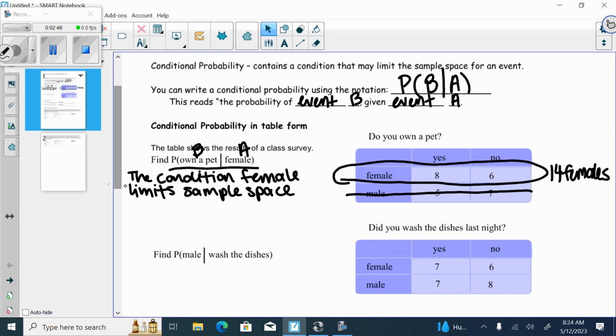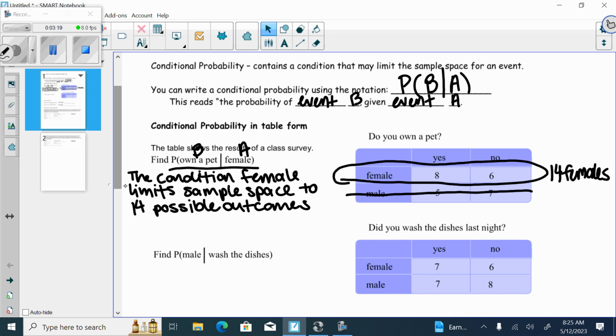So our sample space originally would have been all of the people here, but now we know that we're just limited to the females. We have limited our sample space to 14 possible outcomes. All right. So event A was that we were talking about females, so we know we're not considering any of the males.